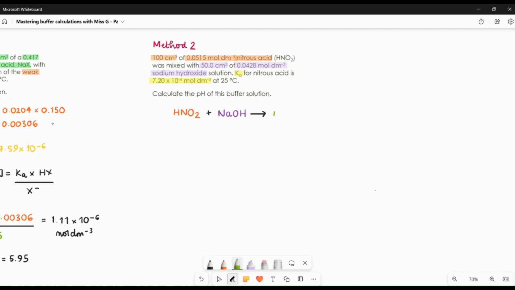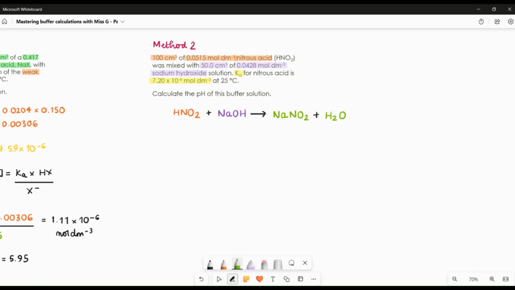So the salt is going to be sodium nitrate with a particular oxidation state, which would be +4. But the name of that is irrelevant. That would be the salt of our weak acid. And then the other thing we always make in neutralisation is water. And that's my starting point.